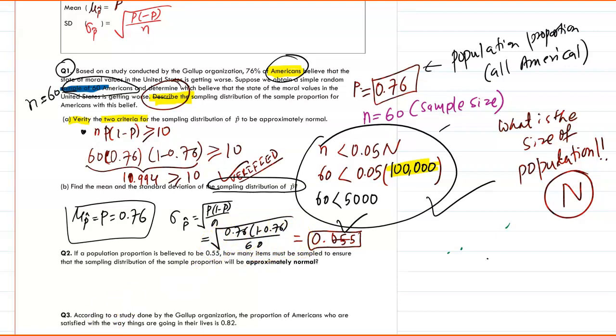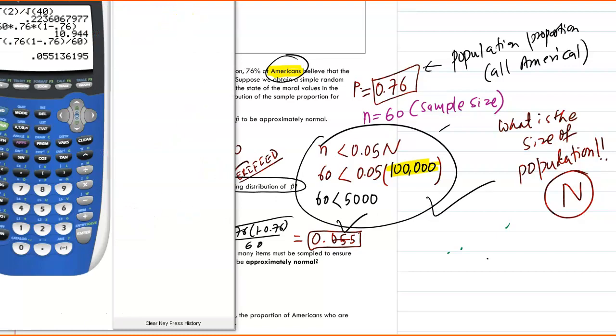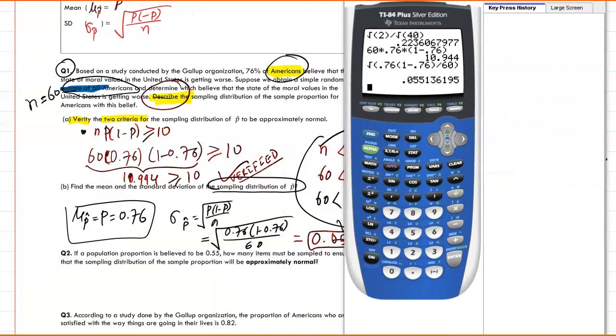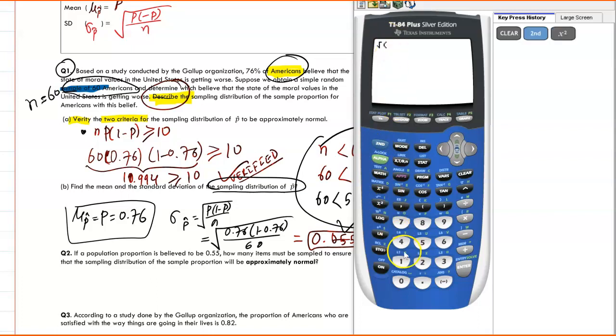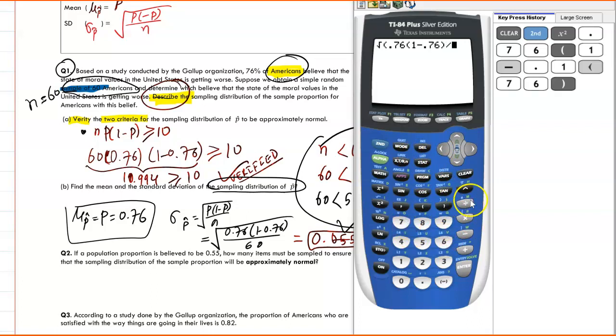I get this one. Let me show you how I get this one. In this calculator, I'm going to type second square, the square root, 0.76 parenthesis 1 minus 0.76, close parenthesis, divided by 60.